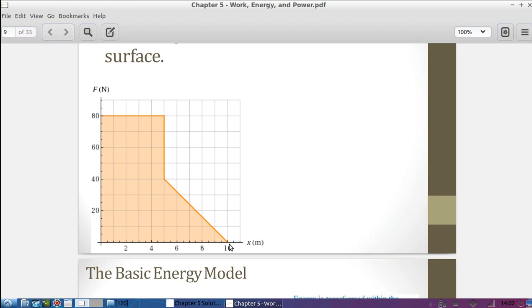This isn't a shape that I can immediately take the area of, but I can split it up into two parts. I'm going to take this vertical line, draw it all the way down to the x-axis, and split this into a rectangle over here and a right triangle over here. I'll take the area of the rectangle and the area of the triangle, and just add them up.